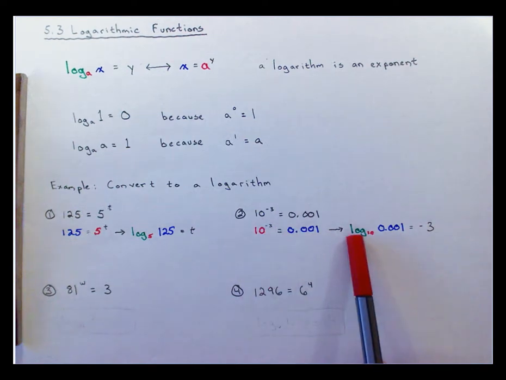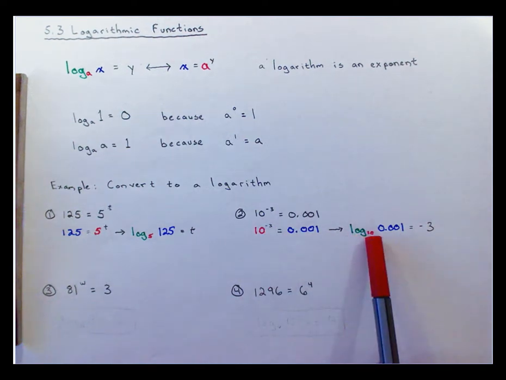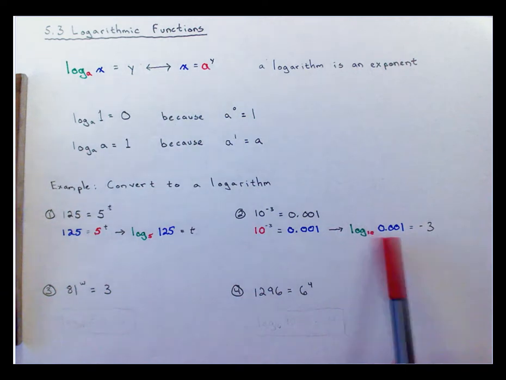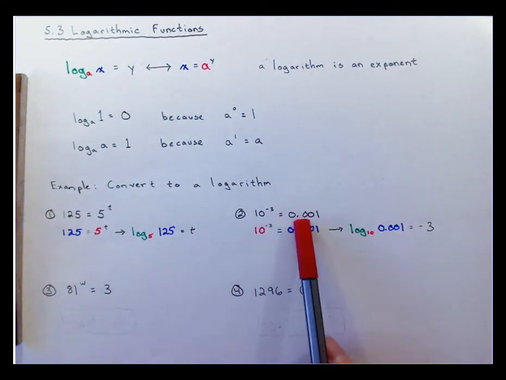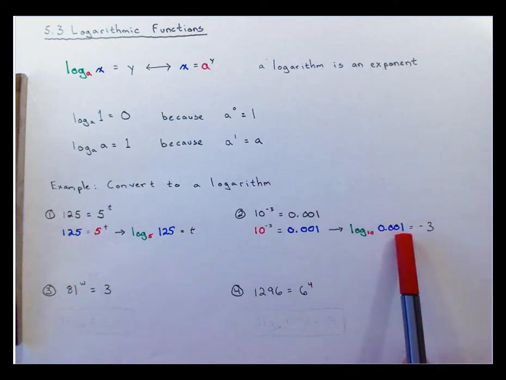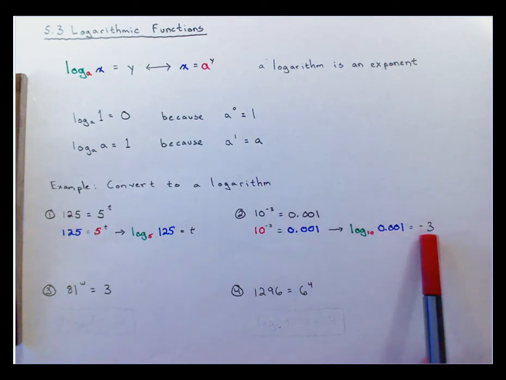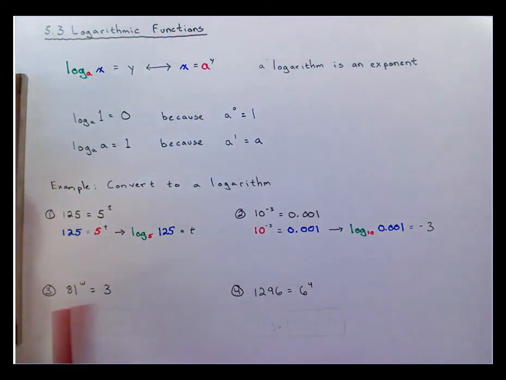So I simply say log base 10, what does it equal? Up here, 0.001 equals my exponent, negative 3. So I would like for you to pause the video and work 3 and 4.